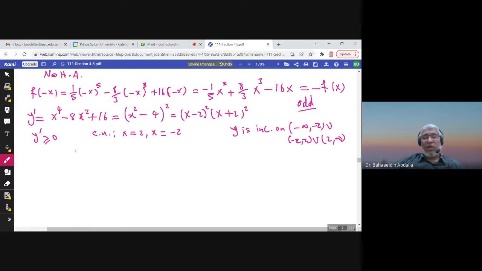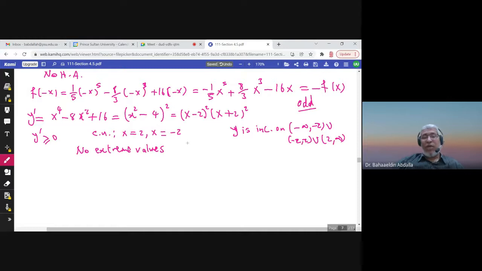You can say it's always increasing, but at negative 2 and 2, we have critical numbers. This means that there are no extreme values, because the function does not change from increasing to decreasing.